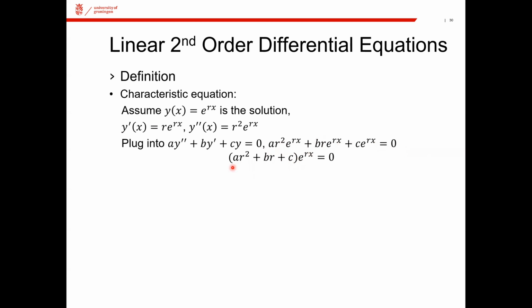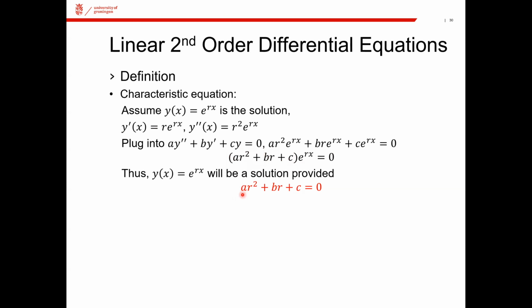And this equation can be rewritten as this equation. And to solve this equation, we know that e to the power of rx is always positive, so the solution is that this term will be 0.